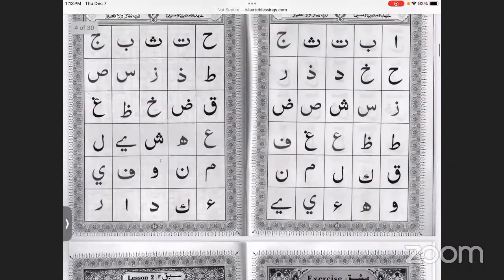Should I read the one that starts with the Jim or the one that starts with the Alif? Alif. Okay. Alif, ba, ta, tha, jim, kha.